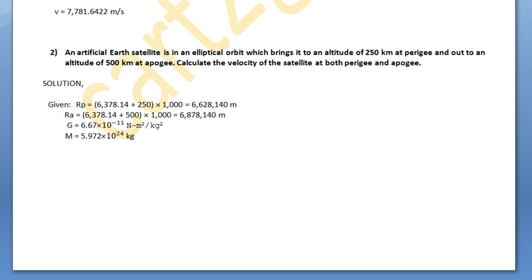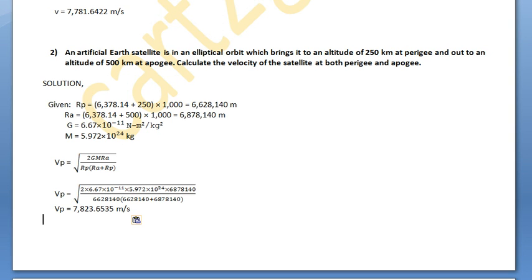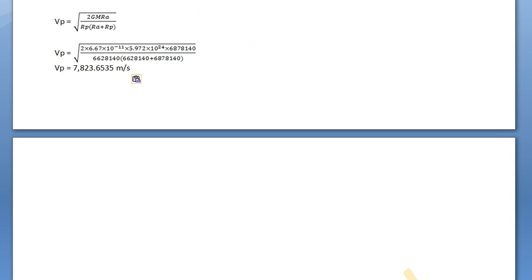So it is 6878140 meters, and we have the gravitational constant as 6.67 × 10^-11 N·m²/kg², and we know that the mass of the Earth is 5.972 × 10^24 kg. To calculate the velocity at perigee, we have the formula Vp = √(2GM·Ra / (Rp(Ra + Rp))).